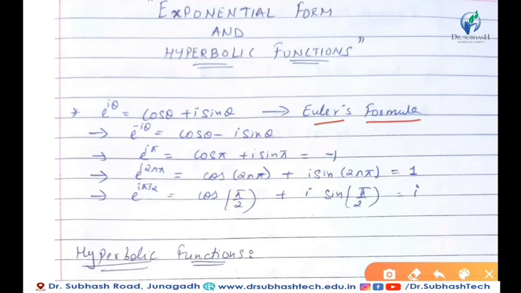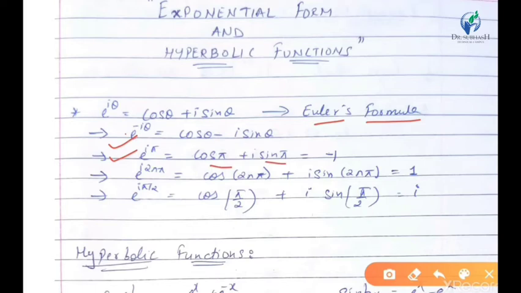Cos theta minus i sin theta can be written as e raised to minus i theta. Similarly, e raised to i pi is equal to cos pi plus i sin pi. Now we know that sin pi is 0 and cos pi is minus 1.